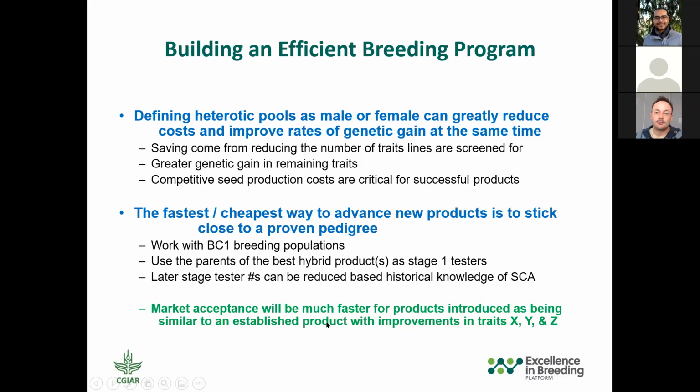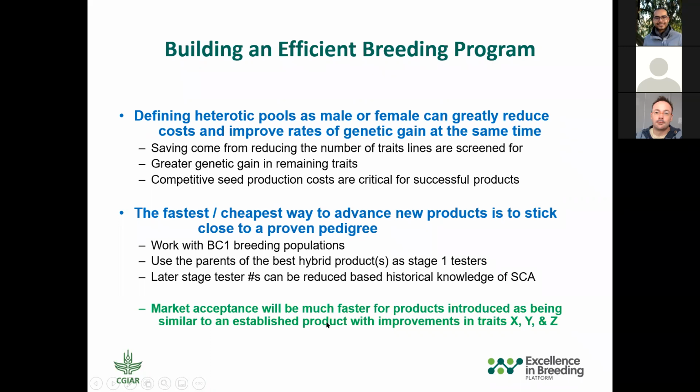And as part of that process, you can use parents of the best hybrid product as stage 1 testers. As you go on in the program, later stage tester numbers can be reduced based on historical knowledge of FCA. Okay, so this is more of a KISS principle type of idea.